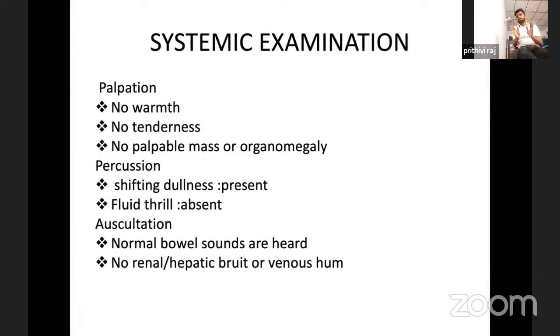You can say confidently, since the entire abdomen is filled with fluid, I am unable to perform shifting dullness. This is the simplest answer you should give in the exam, but you should know how to perform the steps. Shifting dullness will be absent in fluid thrill, because the entire abdomen is surrounded by the fluid.